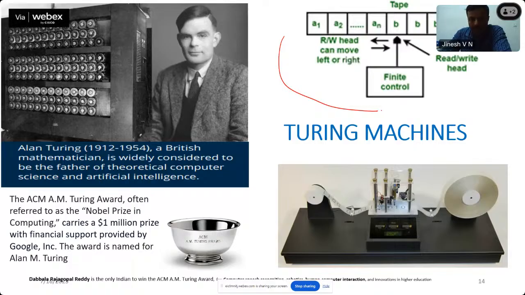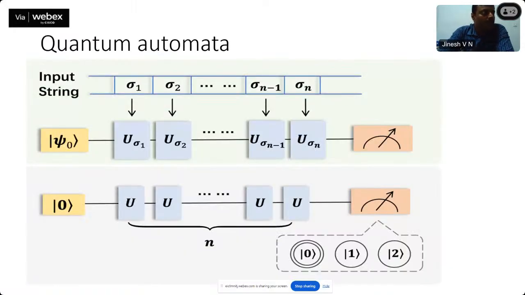The same concept we will use for our quantum machines. That means the quantum automata machine. This is just a quantum automata, not a Turing machine. In the next slide we'll see the quantum Turing machine also. Here the basic idea is that you have the tape which has the input string, and the input string can be in any state.